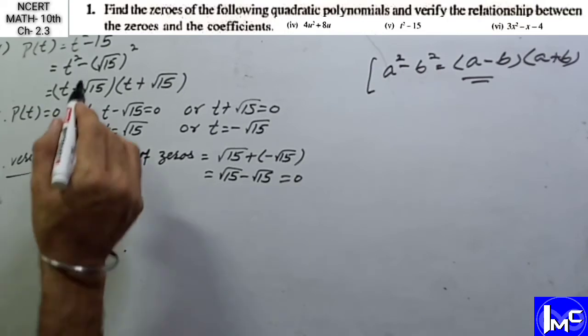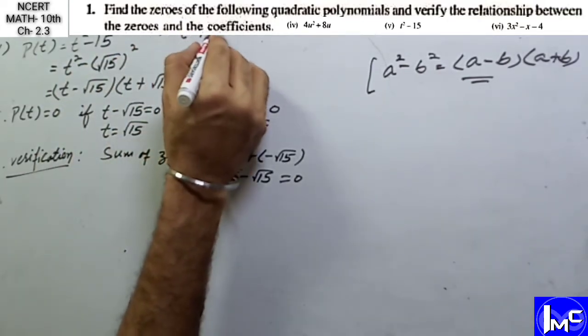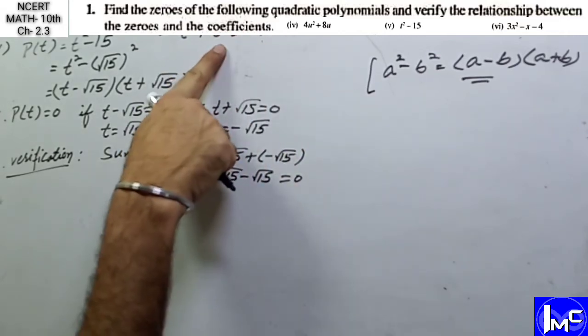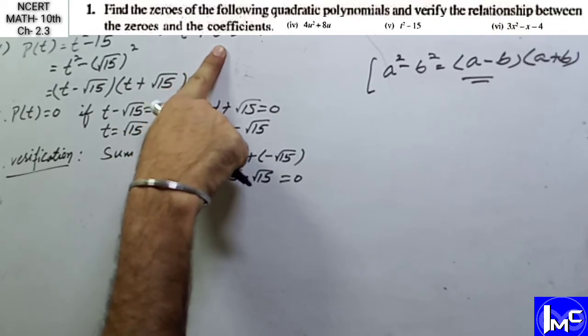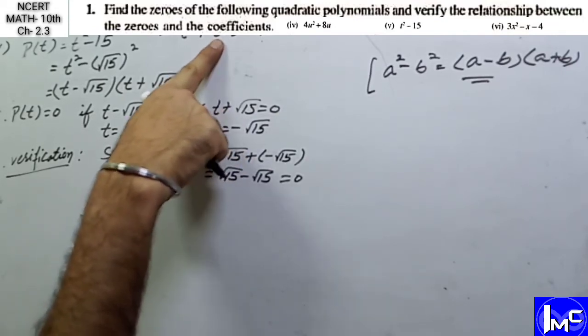Now it can be written as t square plus 0 into t minus 15, because we do not have the term containing t, and we shall take the coefficient 0 of that term.